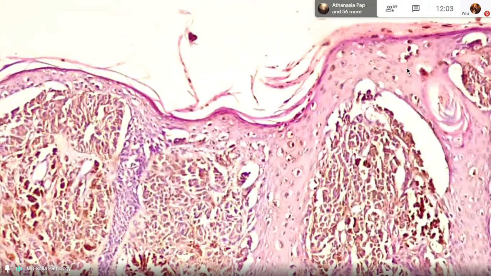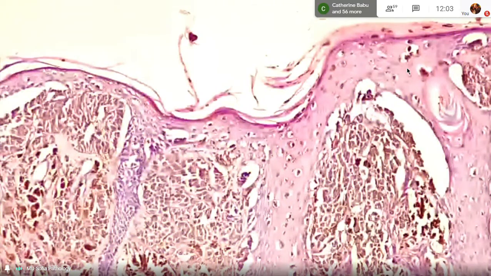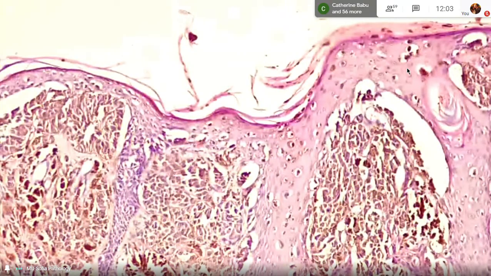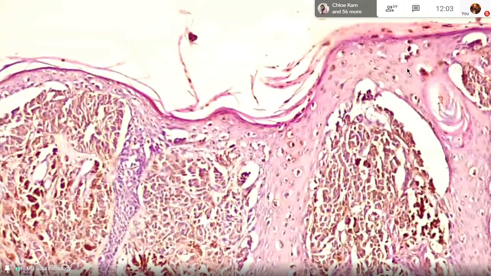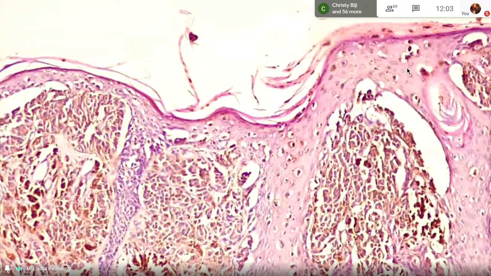We use a large list of antibodies because they are very tricky, these melanoma cells. So sometimes they will not be positive for the reaction. I think that SOX10 is the best nowadays, but things change. So from a historical point of view, S100 is not specific, but very sensitive for the melanoma.